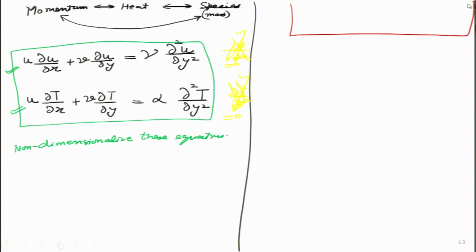The result of momentum is seen in parameters like force, how much force is acting on the plate, how much wall shear stress is acting, how much friction coefficient is acting. These are for momentum.